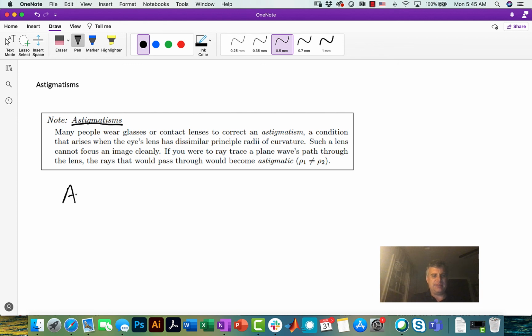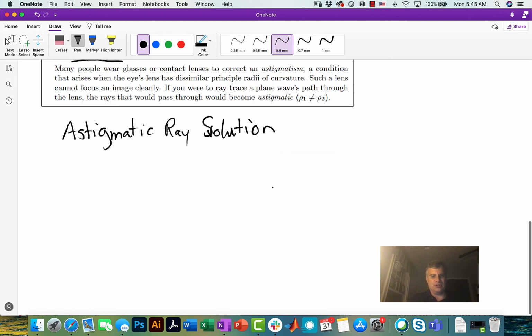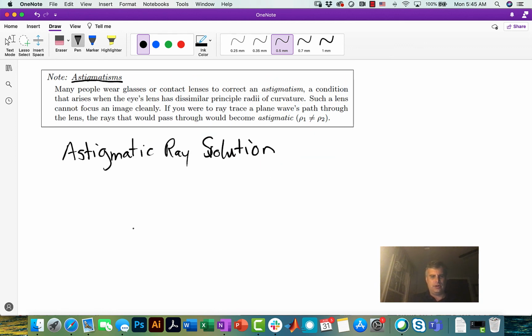An astigmatic ray solution is not unlike the general case that I showed on the previous screen, where your radii of curvature can be irregular in two directions.